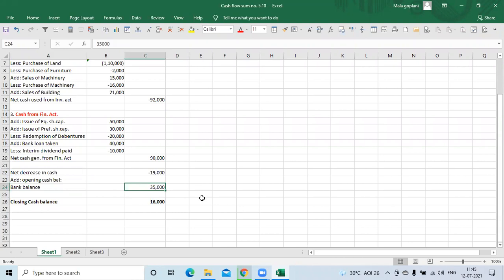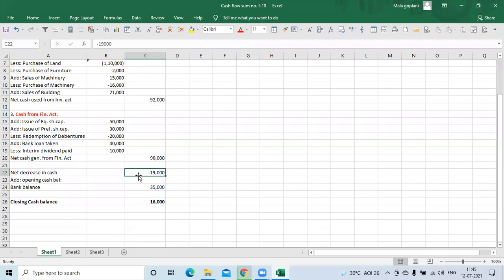It has to be added or deducted? Ma'am, added. Added, very good. So in what amount we have to add this 35,000? Net decrease in cash. Beautiful answer, very good. What is net decrease in cash? Bracket, 19,000, negative.